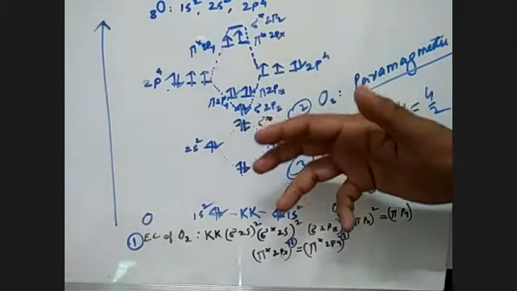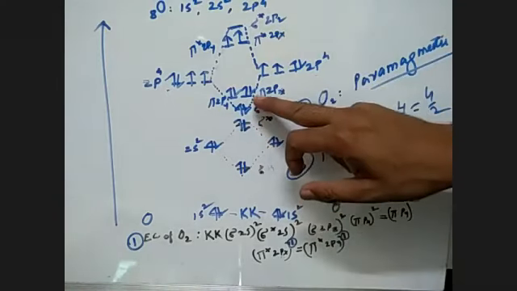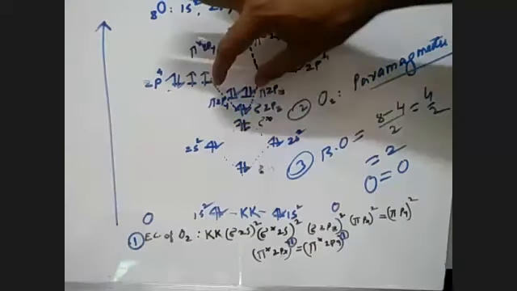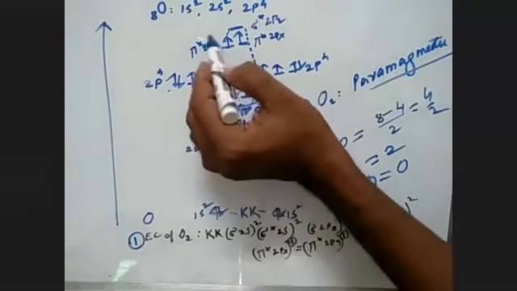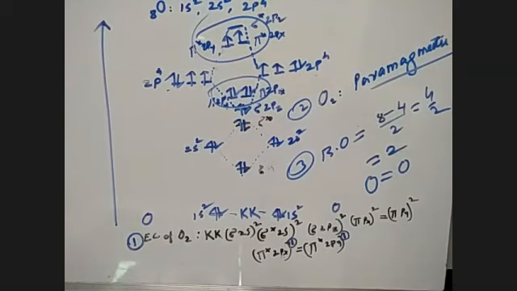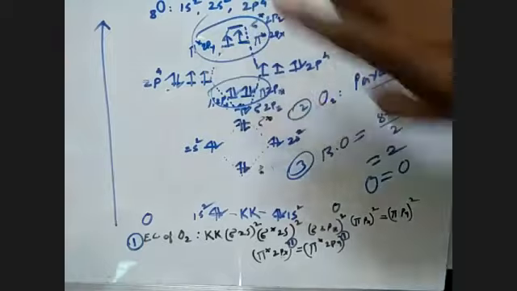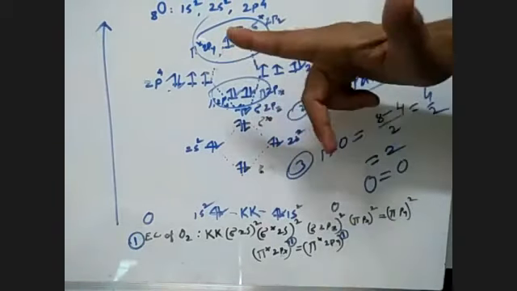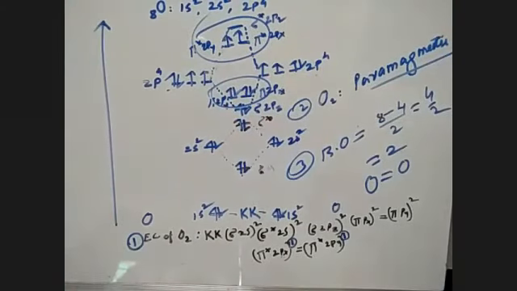Px and py are always the same in energy. Therefore, in their distribution of electrons, if 2 electrons are remaining, they will share 1 each. If 3 electrons are there, 1 orbital gets 2 and the other gets 1. If 4 electrons are there, they will be filled as pairs. Okay?